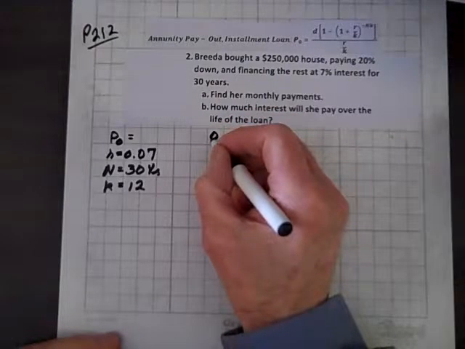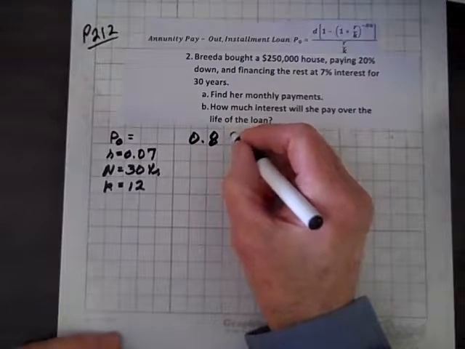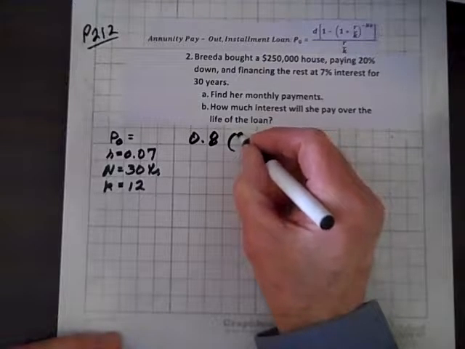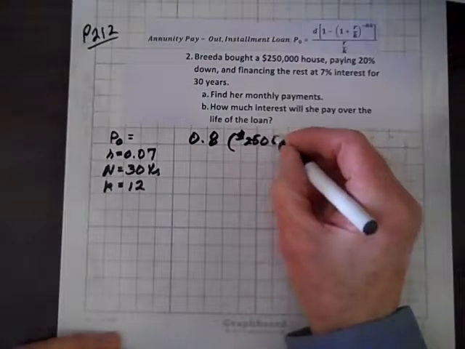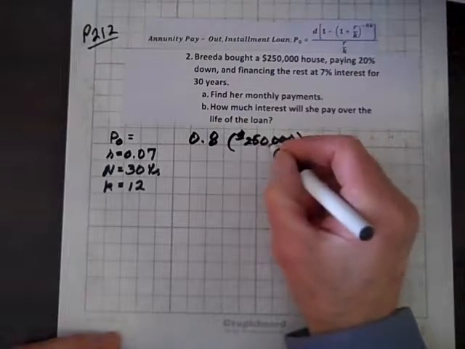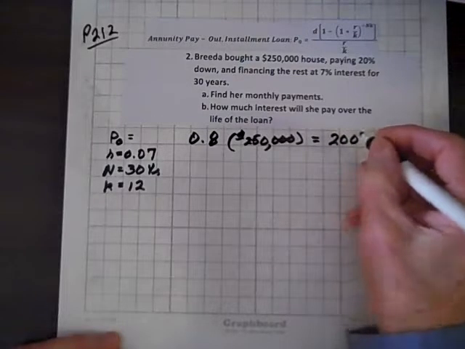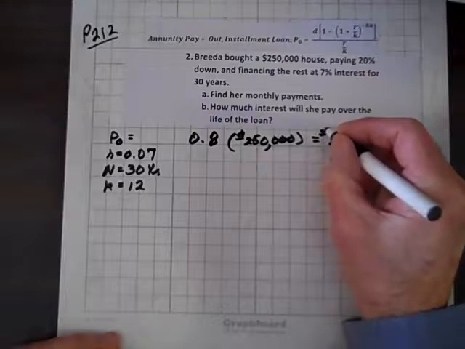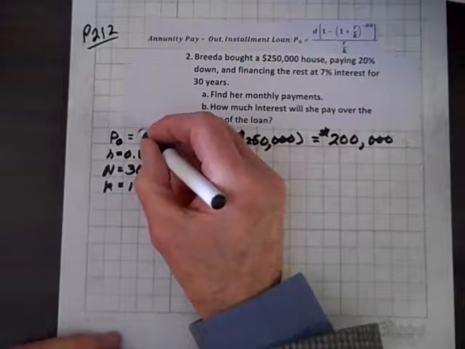So 0.8, which represents 80% of $250,000, equals $200,000, and so that's going to be the amount of the loan, P sub bought.